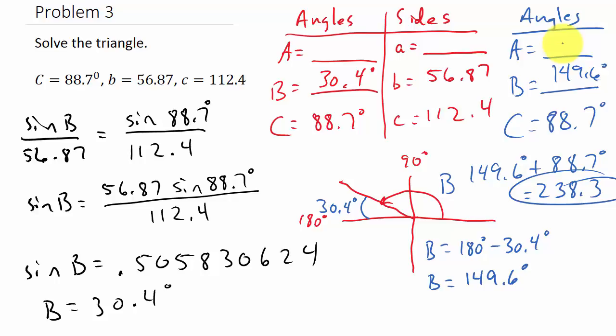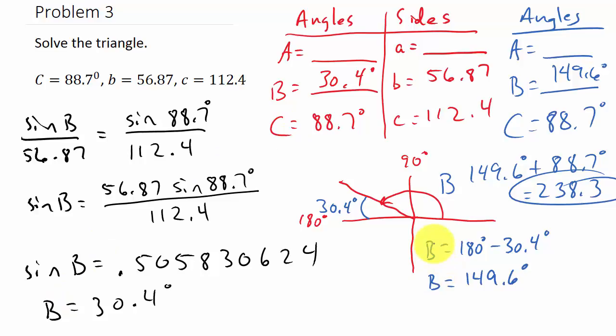Okay, but you have to check for the possibility of a second triangle. Now, the last part of this law of sines, it's going to be two triangles. So you might want to watch that video and you can see how that goes. But just remember, when you're using the law of sines, when you calculate that angle, you have to check for a second triangle.